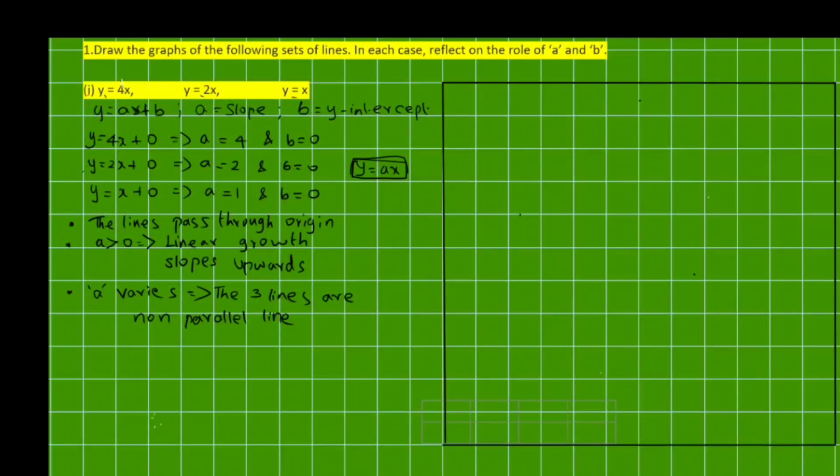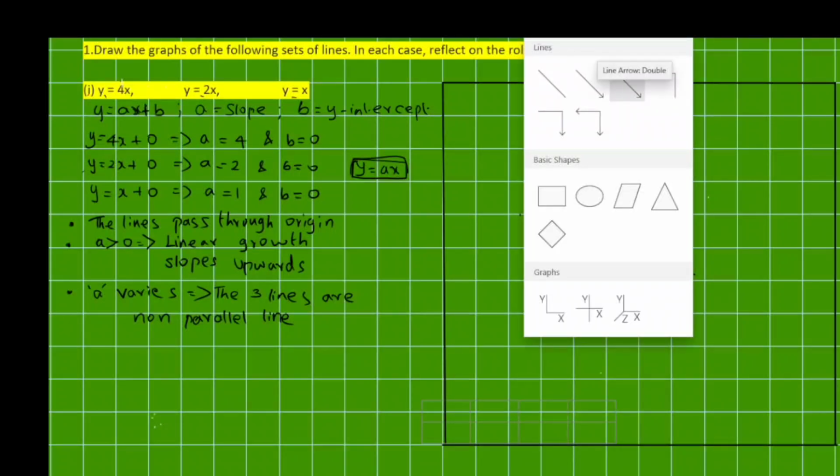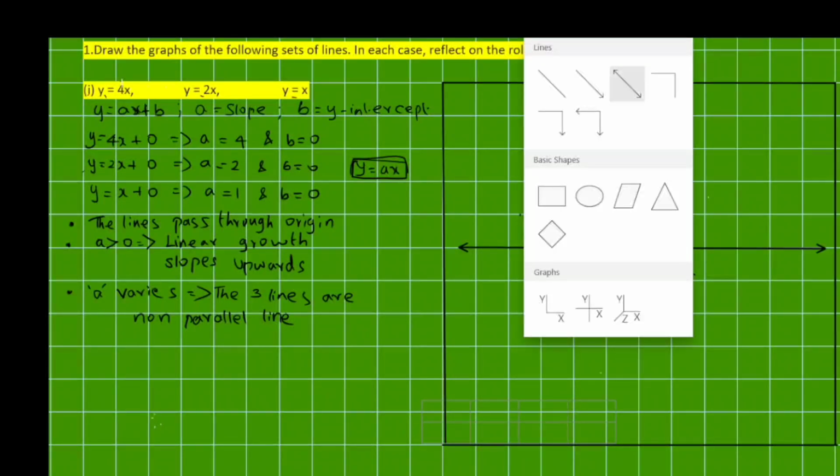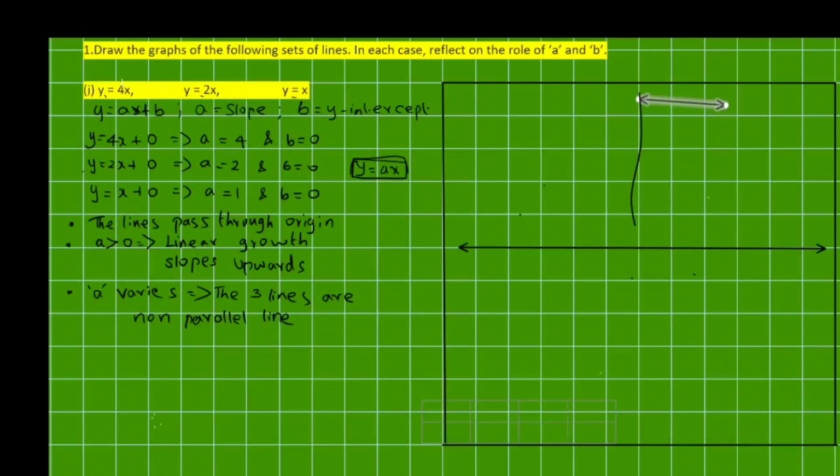This is my graph sheet. Now I'm going to draw the axes. The horizontal axis is the x-axis, and the vertical axis is the y-axis.